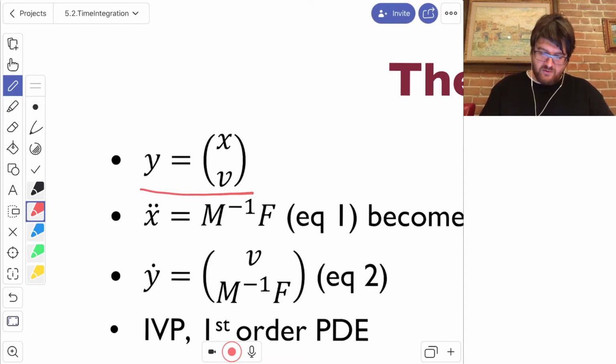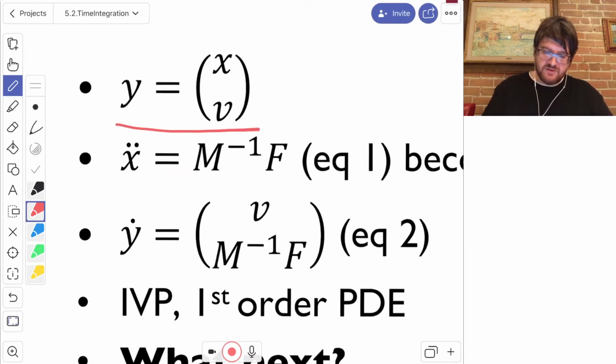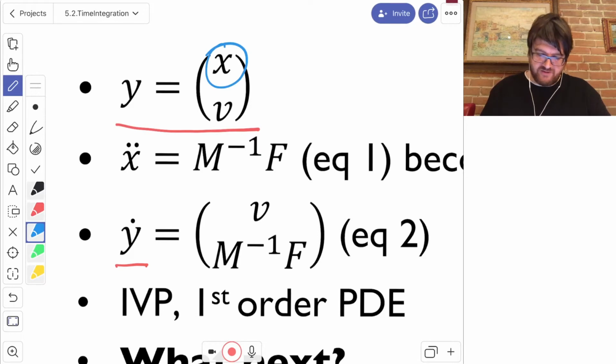So now we can change equation 1 as shown here. The first derivative of y is going to be equal to what? The top part, which is x, I'm going to do it in blue. The derivative of x with respect to t is going to be v.